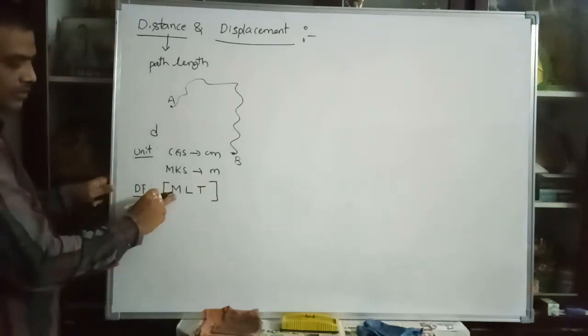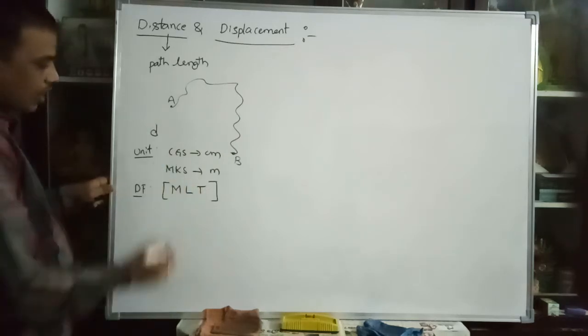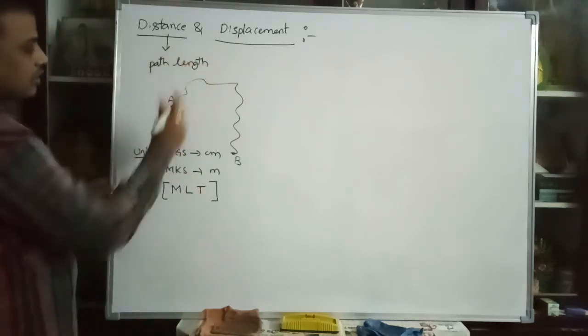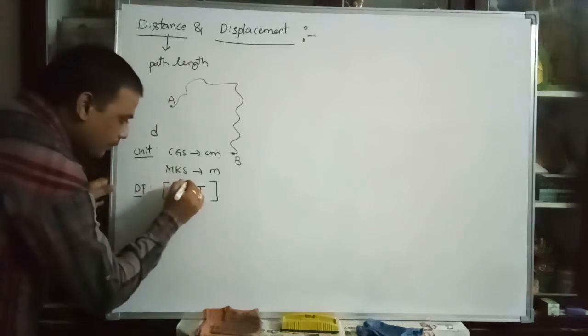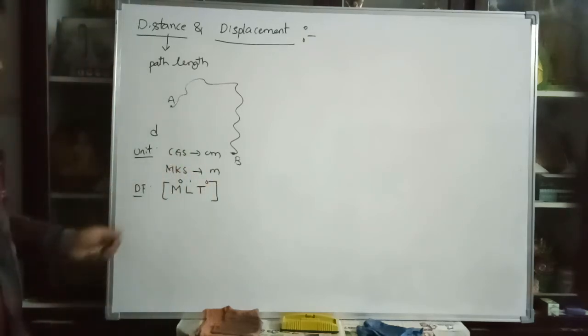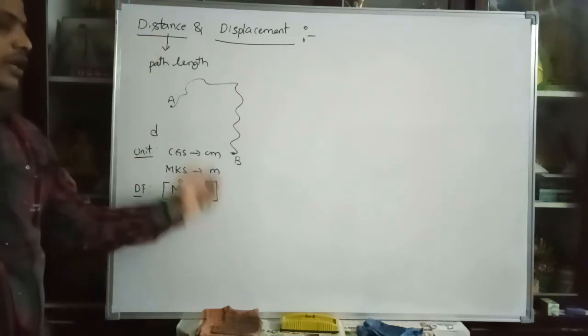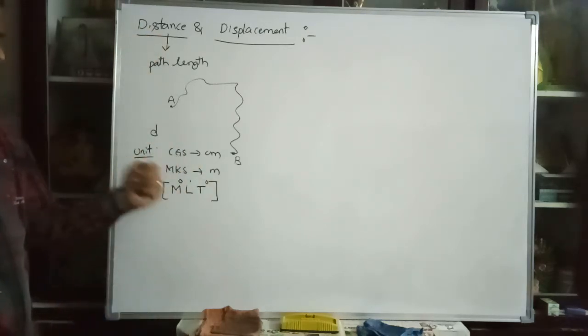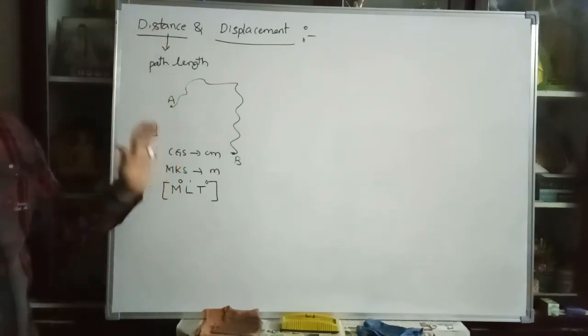Mass is indicated by capital M, length by capital L, and time by capital T. According to path length, only length is there, and mass is not present. So the dimensional formula for distance can be written as M power 0, L power 1, T power 0. That is the basic representation of the dimensional formula. This is distance, nothing but path length.